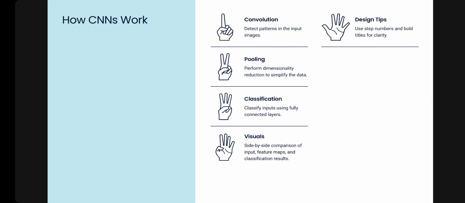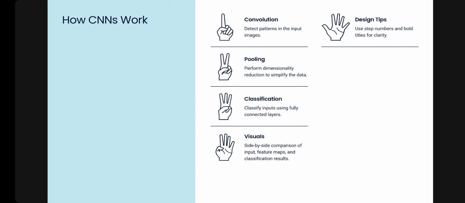Then you have pooling, where you perform dimensionality reduction to simplify data. Then you have classification, putting different textures and patterns in different layers. Then you have visualization, which is a side by side comparison of input, feature maps, and classification results.